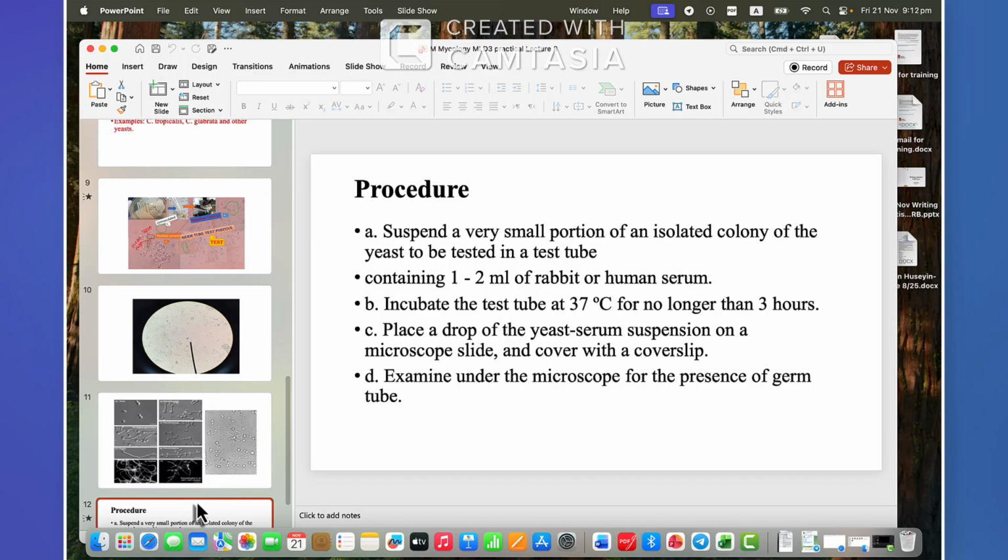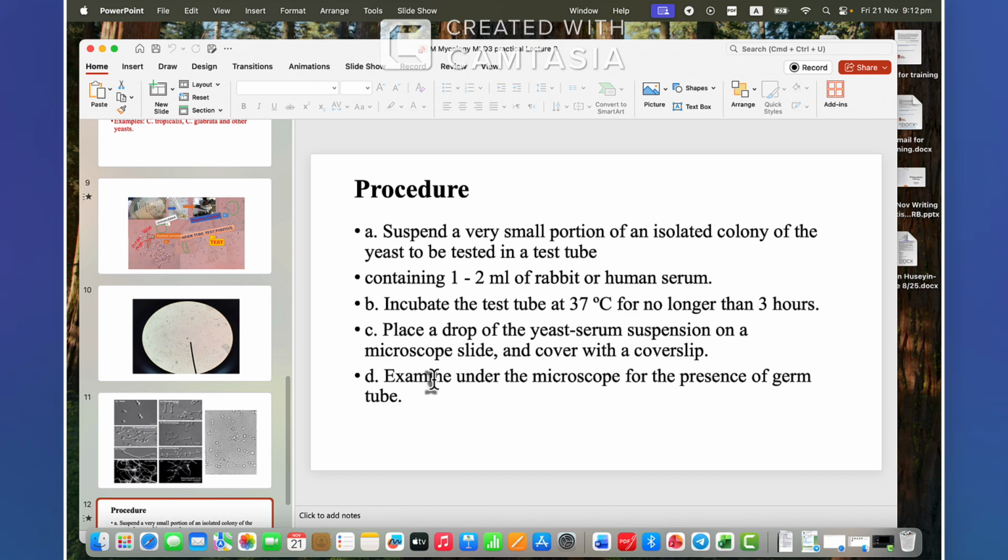What about the procedure? As you see, it's very easy, because we previously did the reculture of Candida albicans and inoculated the Candida in the serum, and we put it in the incubator. So today you're going to take 1 or 2 drops.